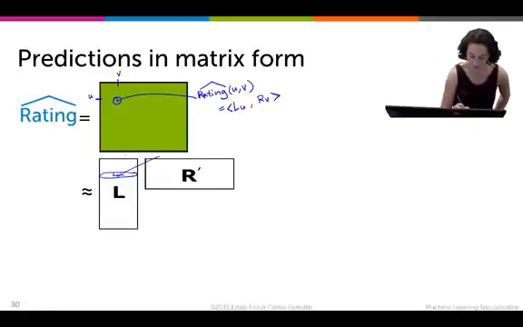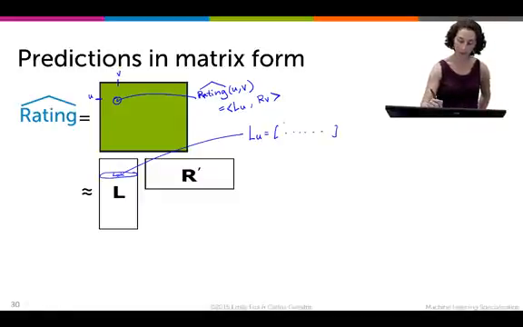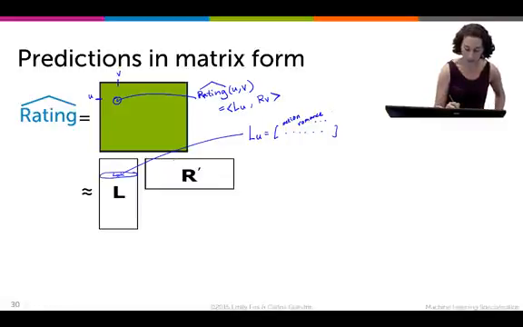So let me write this a little bit more largely here. So this row LU is the vector that we talked about before with how much that user likes different things like action, romance, and so on.